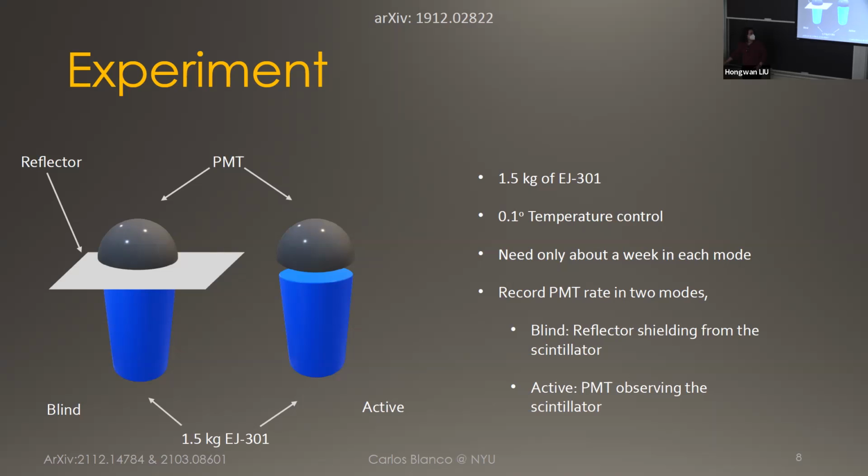Yeah, to calibrate the actual scintillator, the experiment that you do is called electron energy loss spectroscopy, which measures the probability of the internal transitions. And we found that did match the experimental results. The blind versus active is just to characterize the PMT and the limiting rate there.